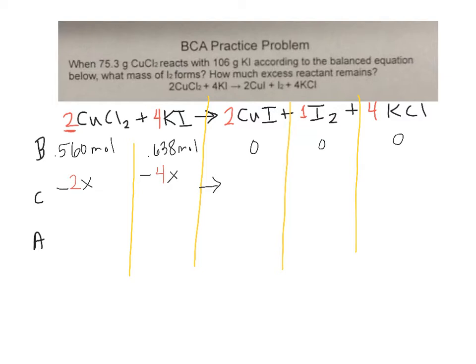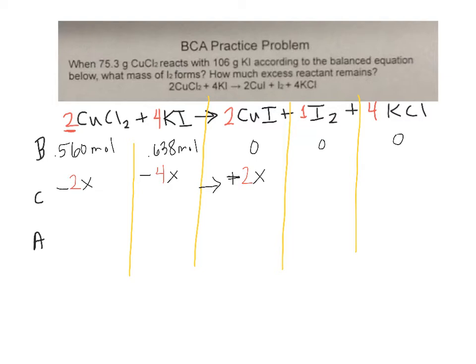Now over on the right-hand side, all of these products are going to be gained. So I'm going to put a plus sign for the copper 2 iodide, but I'll place a 2, and again, x. You can see the two copper compounds both had a 2 on them. The copper 2 chloride is minus 2x, and the copper 2 iodide over here on the right is plus 2x.